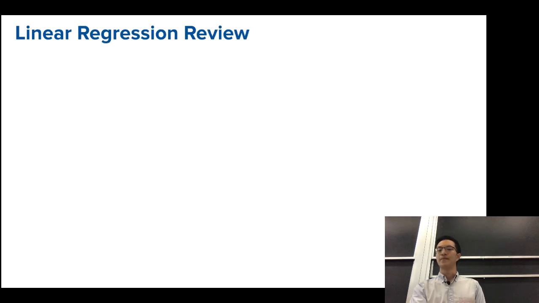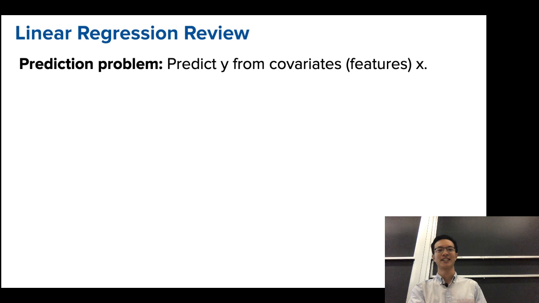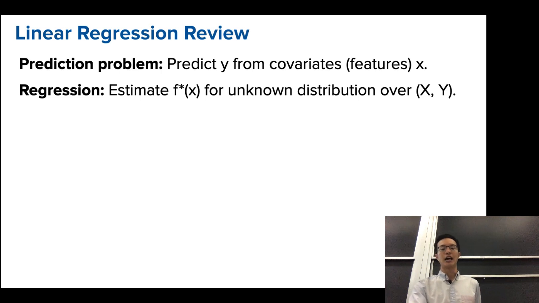I suspect after the weekend you may have forgotten everything that we covered for linear regression, so let's cover it real quick. In linear regression, our goal is to predict y from x. We're trying to estimate what we call the generating function or generating model for our population, which I denote with f star of x.